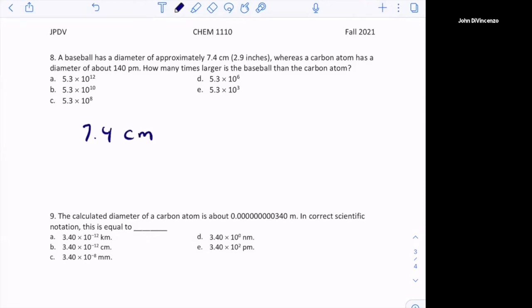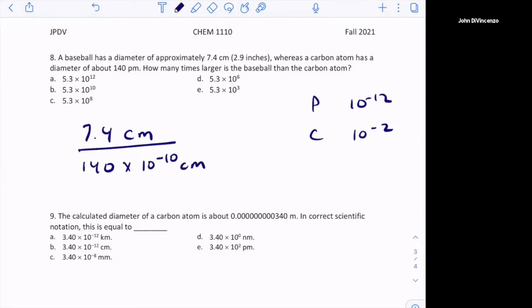And now pico is 10 to the minus 12, right? Centi is 10 to the minus 2. So a difference of 10, right? Okay, so we can do 140. And since pico is a smaller unit, we can say times 10 to the minus 10 centimeters.